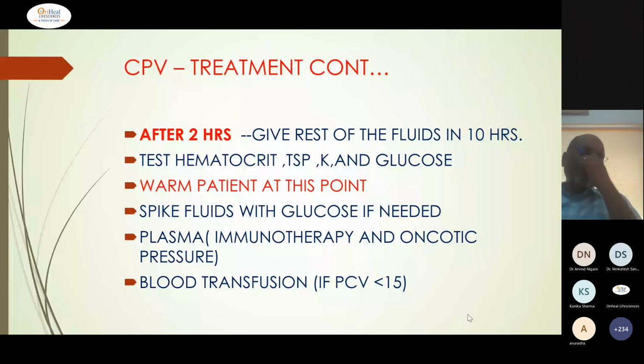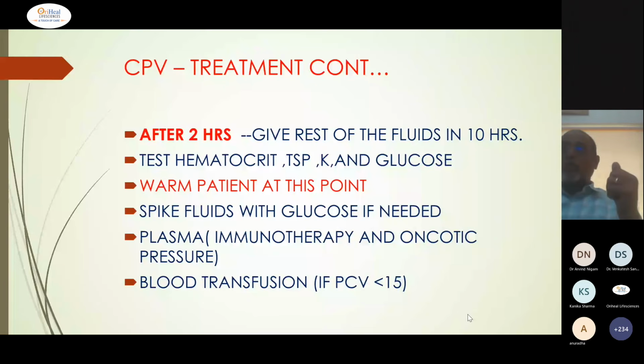Preferably, if your client has a dog which had come out of parvo, then that blood is very good to get plasma. Or if you have a recently vaccinated dog, that plasma can have a lot of antibodies for parvo. There is immunotherapy. Not only that, plasma provides oncotic pressure, because there's severe hypoproteinemia, that will also be corrected by giving plasma.